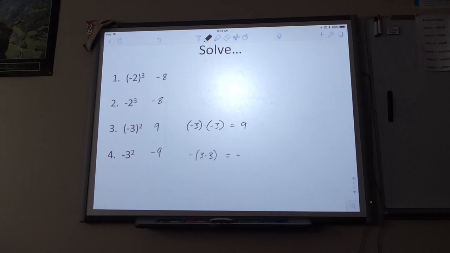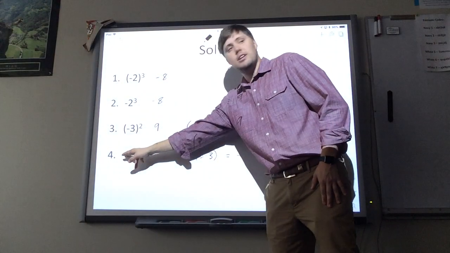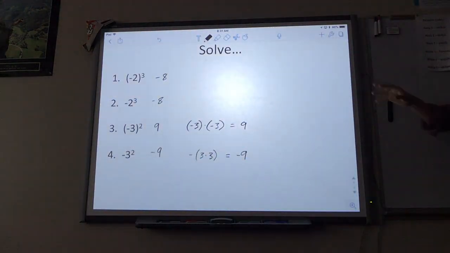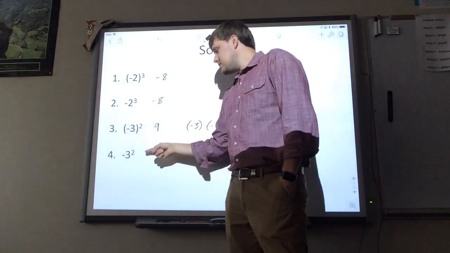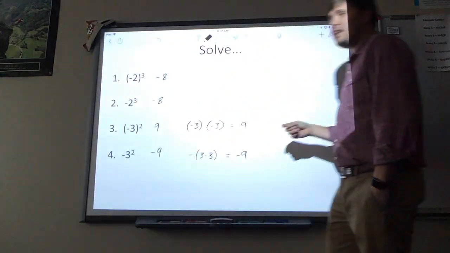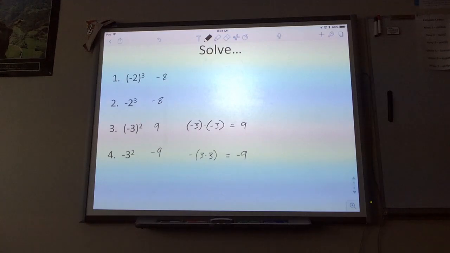That's why that ends up being a negative 9, because that negative is not attached to it. So it just stays out front until we're done. We have to do exponents and then tie that negative back on. So if there's no parentheses, it's going to be negative because you're just going to throw a negative on the end.